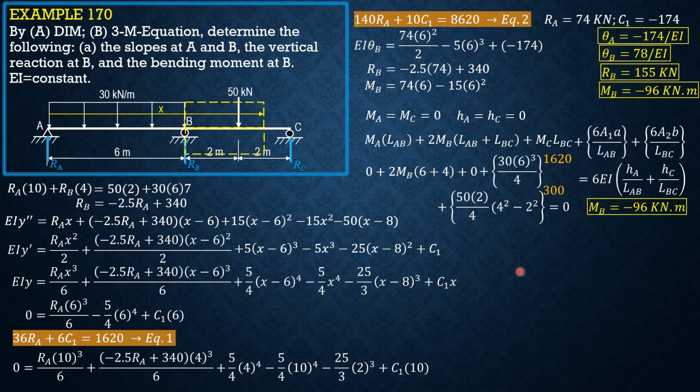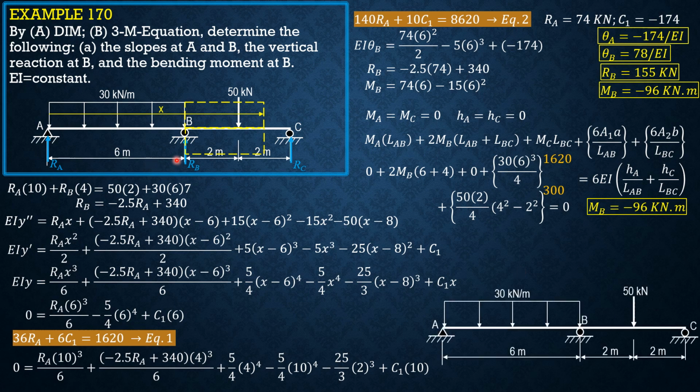Then, having found MB, let's solve RB by statics. So let's have the free body diagram, apply MB. Because MB is negative 96, it should be applied as shown: counterclockwise just to the right of B and clockwise just to the left of B. So that's negative to cause negative bending.